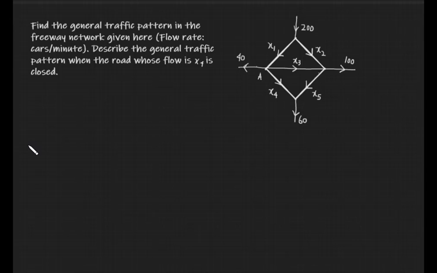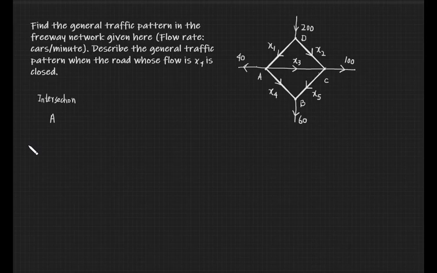Let's say this is intersection A, this is intersection B, this is intersection C, this is intersection D. Now at intersection A, the number of vehicles coming in, flow in, is x1, and the number of vehicles going out, flow out, is 40 and x4.